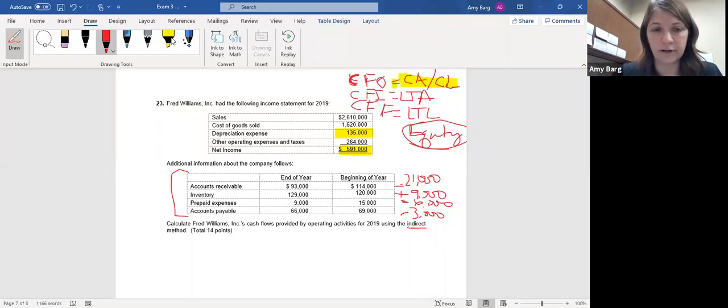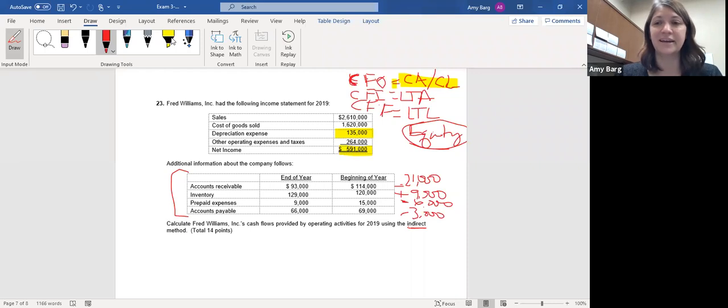So current assets have an inverse relationship in this indirect method, right? If a current asset increased, we're going to subtract it, and if it decreased, we're going to add it. Think about accounts receivable. Accounts receivable is you giving people your inventory, but them not actually giving you money.